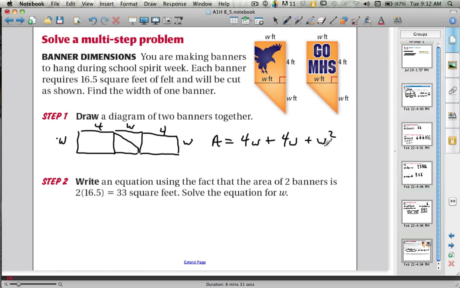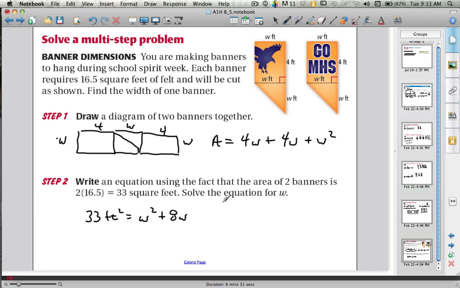Right, so I haven't really written this 100% in the right way. As I bring it down here, I'm going to incorporate this information that since each banner was 16.5 square feet, that means together, as I've drawn them out, it's 33 square feet. So I know that 33 square feet, so that's going to be feet squared, is equal to W squared plus 8W.